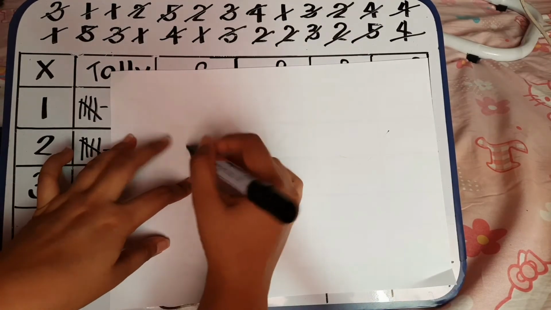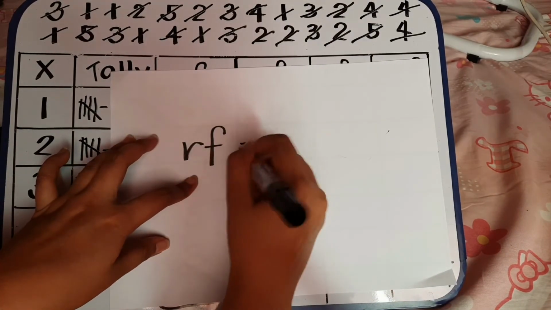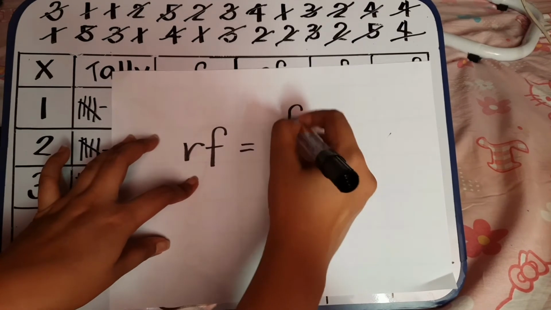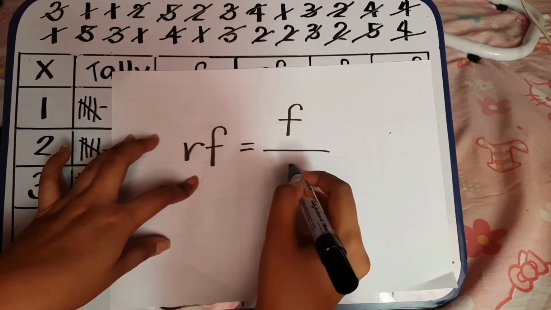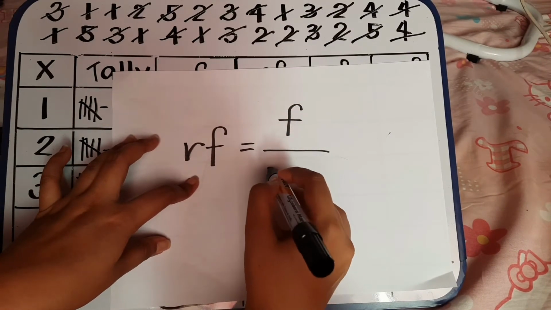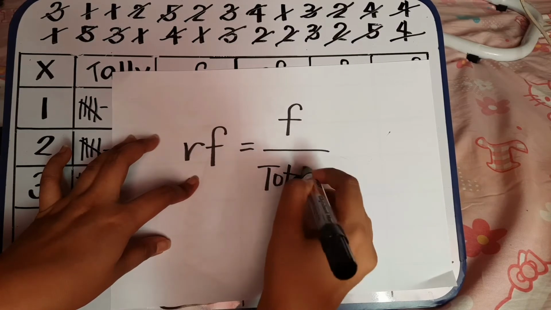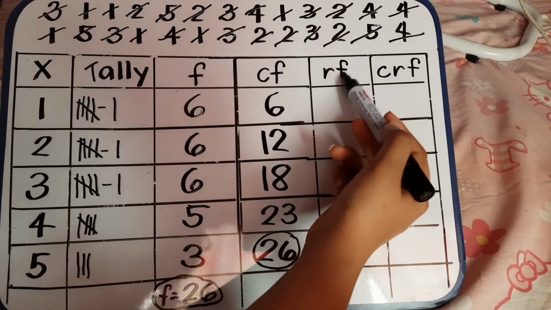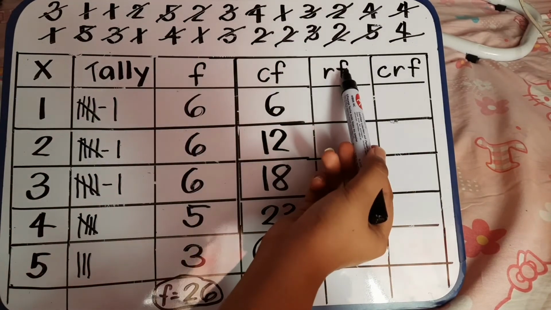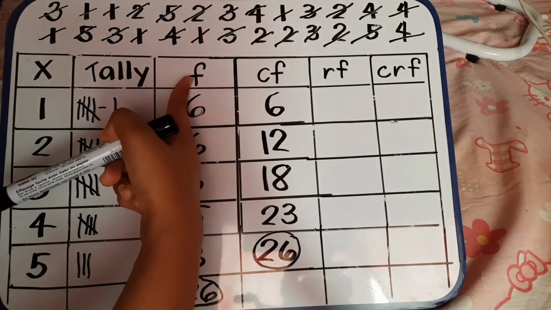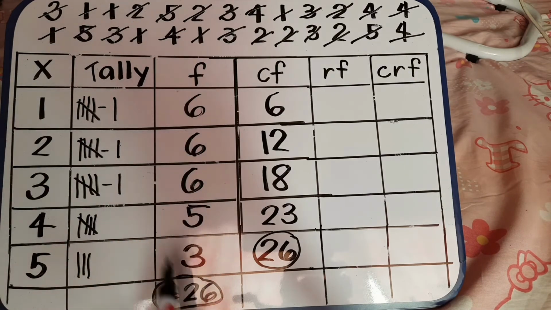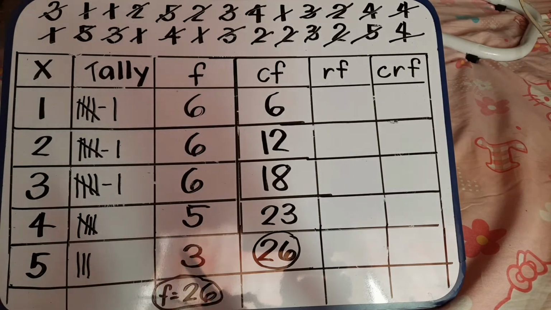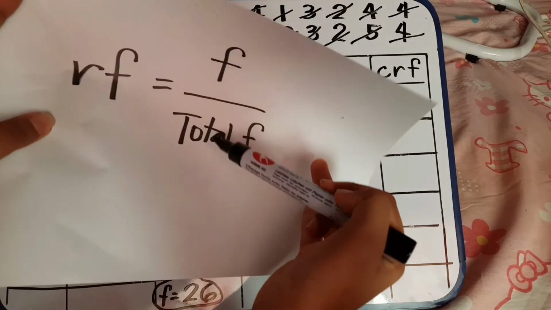RF is equal to frequency divided by the total frequency. Okay, anong sabi? Relative frequency. Ibig sabihin, titingin tayo ay sa frequency na ito, and of course, kailangan natin ng total na frequency. Okay, sabi dito ay F divided by the total F.